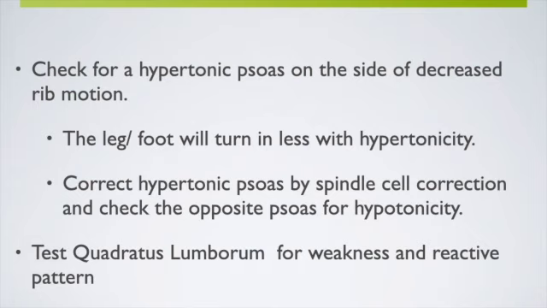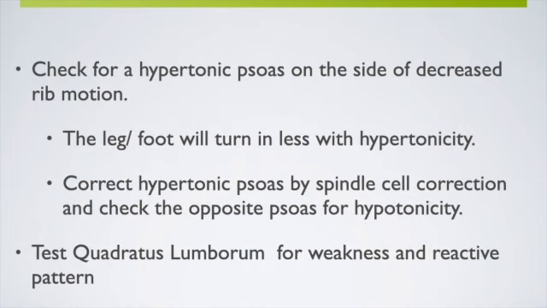Now that can also be a tight piriformis, but often it's a tight psoas, or it can be both. So that's one really good presenting finding that can lead you to fixing the diaphragm imbalance.